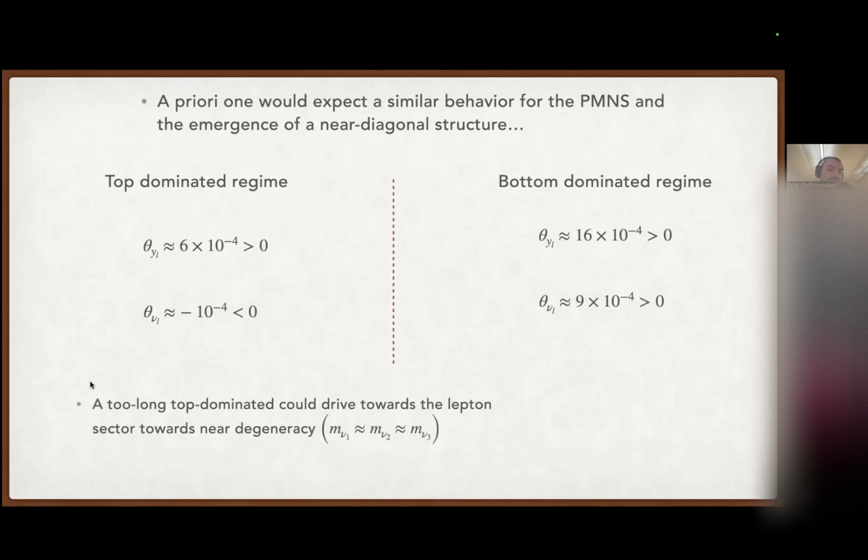Or if you want to view the flow from the infrared to the UV, if the top-dominated regime is too long, then as you flow from the infrared to the UV, the neutrino Yukawa coupling will grow large. And if the top-dominated regime is too long, then you might also have, again, a significant running.